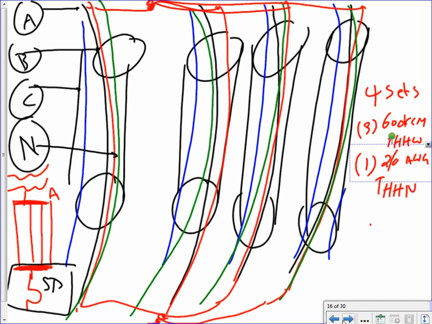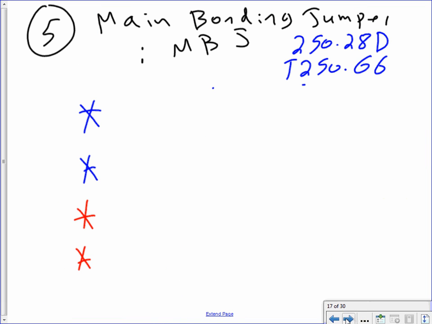Any comments, guys? Any questions before I move next? Matt, good? Okay. Main bonding jumper. Everybody knows where the main bonding jumper is, guys. Go to the first page. That's the one, number 5. Main bonding jumper tying the neutral to the ground. If you go to 250.28(D) and 250.66, it will tell you to do the following.